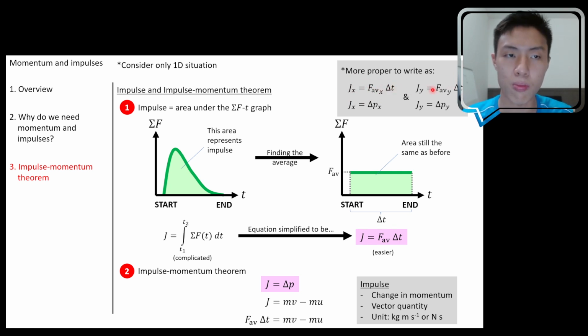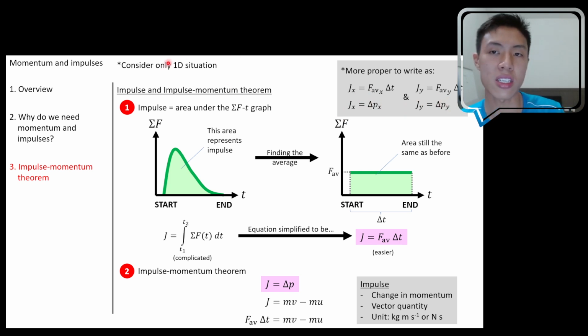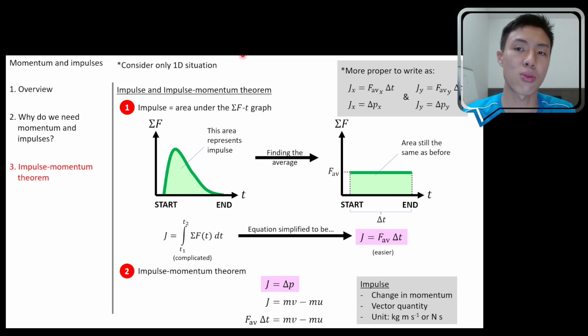You have your y component as well. So the impulse momentum theorem should also be analyzed in x component and y component. But our syllabus limits us to 1D situation, so it's okay to drop the x and y and just do it in this method or this method. It's actually a vector quantity, but we can simplify it since our syllabus only asks for 1D situation.